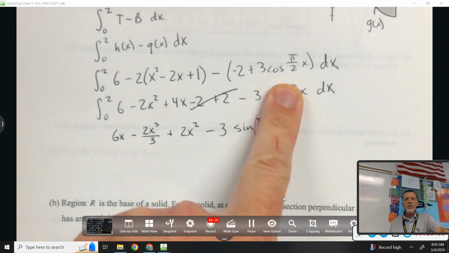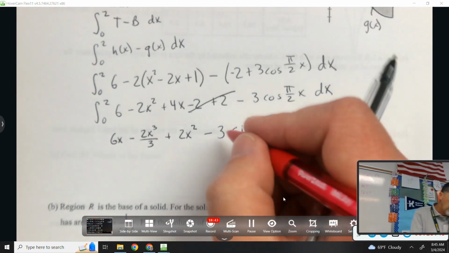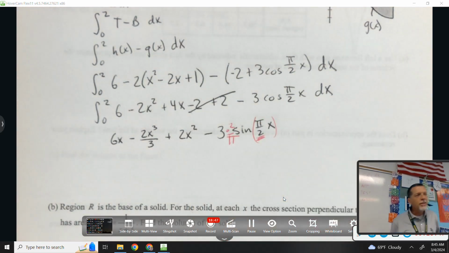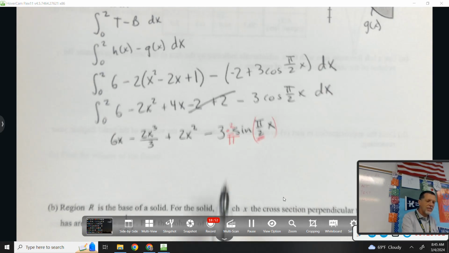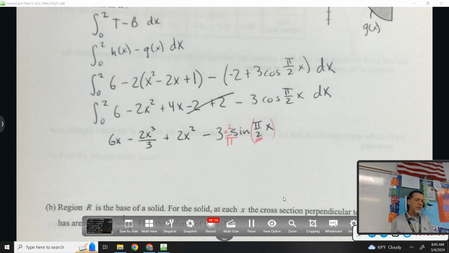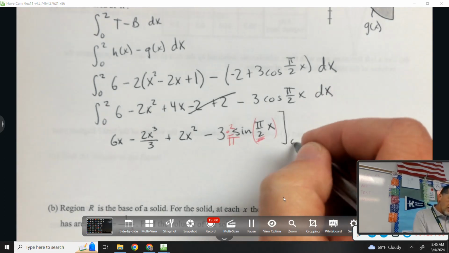Like that's the chain rule. So if I was working backwards, there'd be a pi over 2 on that, which means I need a 2 over pi to sort of undo the chain rule. My guess is that's probably the most missed part of that problem, is undoing that chain rule piece. And then from 0 to 2.